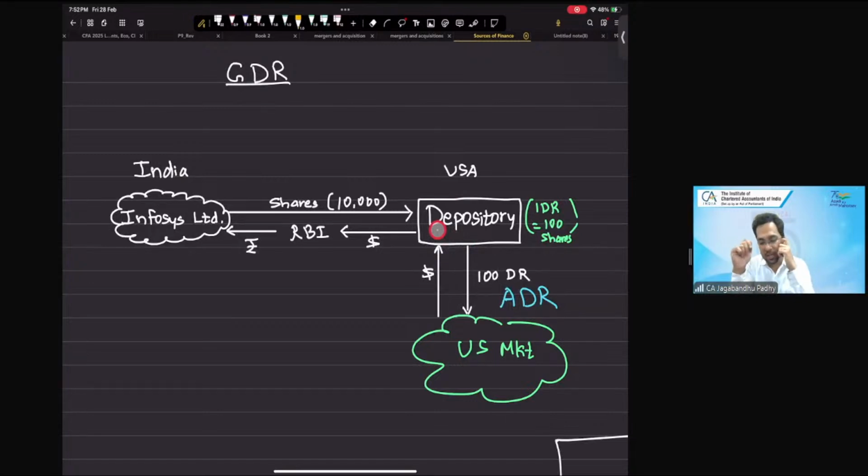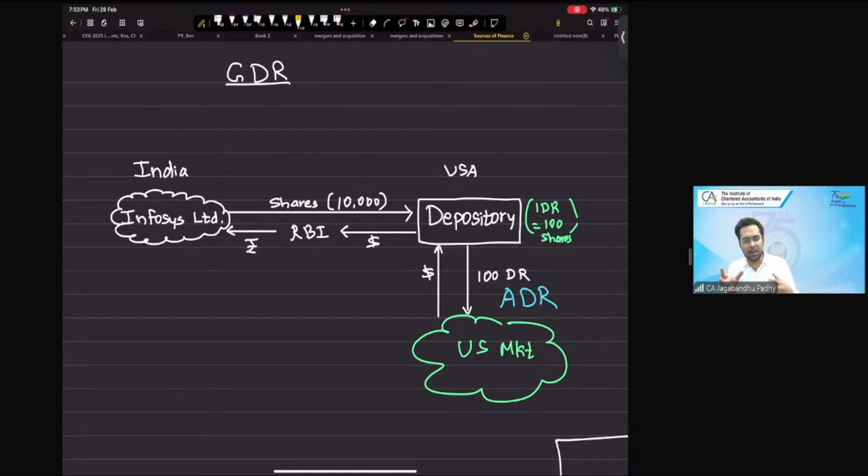Now, who is a depository? A depository is basically a bank of shares. Just like the bank keeps our currency, depositories are the entities that keep the shares in dematerialized form.